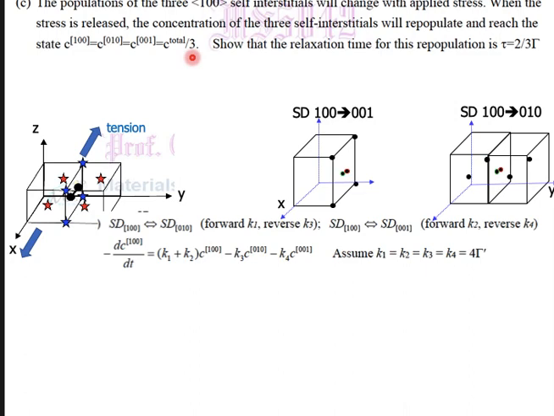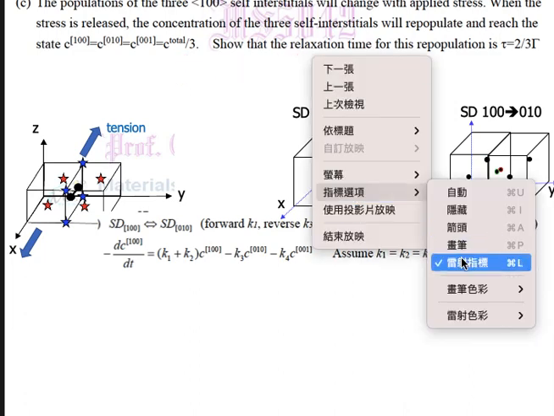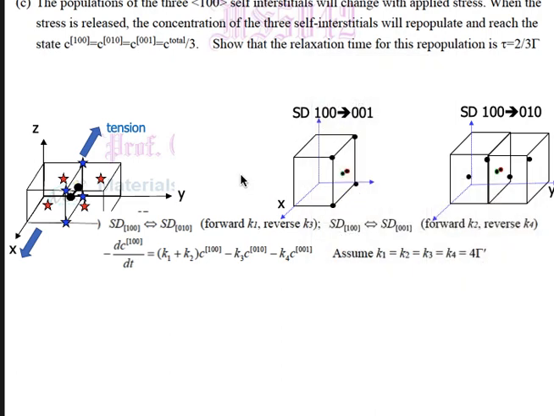Then, as long as I release this stress, the concentration of 100 split dumbbell will decrease and go back to C total divided by 3, right? So I asked you about the relaxation time. Let me draw something.